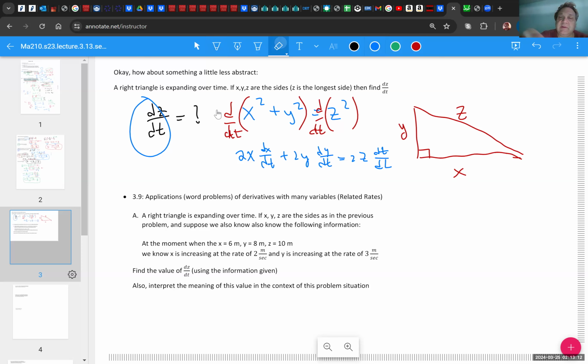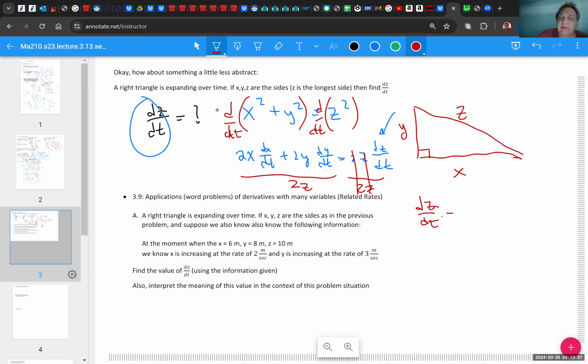Oops, that doesn't look like a z to me. And what are we looking for? We're looking for dz dt. We're looking for this thing right here. And so I just need to solve for it, which means I need to divide everything by 2z. And that gives me dz dt equals, well, these divide out.